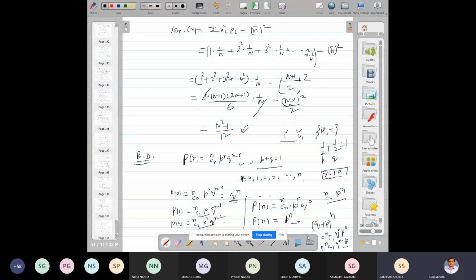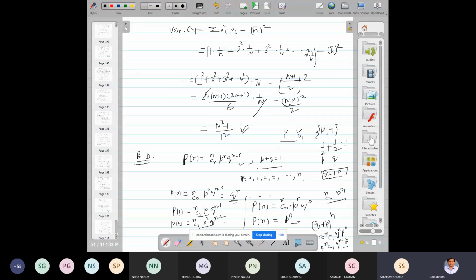You see, these are the first, second and n plus 1 th terms in the binomial expansion of q plus p to power n.